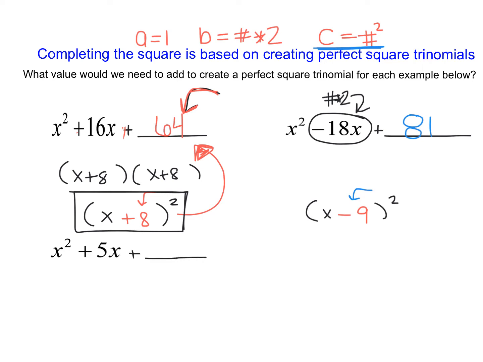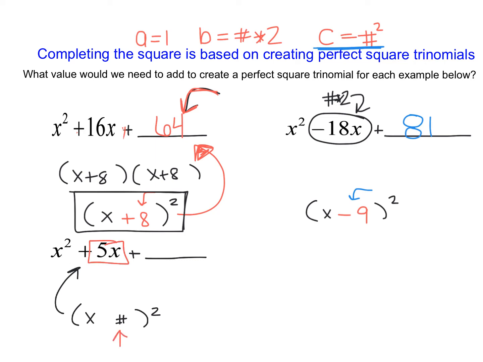Again, our goal is to figure out what we need to add in order to make that a perfect square trinomial. So our goal is to figure out what goes inside of this parentheses. It's going to be x plus or minus some number, quantity squared, and that's going to work backwards and produce this perfect square trinomial. Now remember, in order to create this b value here, we took our number and we multiplied it by 2.